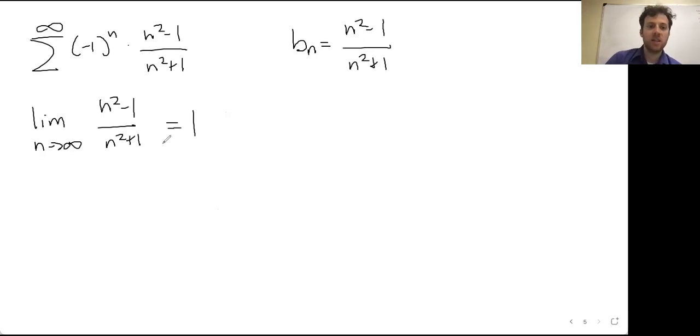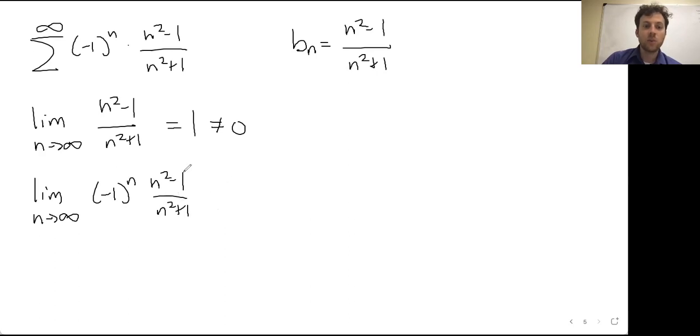So if this limit is 1, and in particular not 0, if we put the alternating piece back on, then this limit actually doesn't exist, because the non-alternating part is going to 1, which means when your alternating part is positive, you're getting close to 1, but when your alternating part is negative, you're getting close to -1.